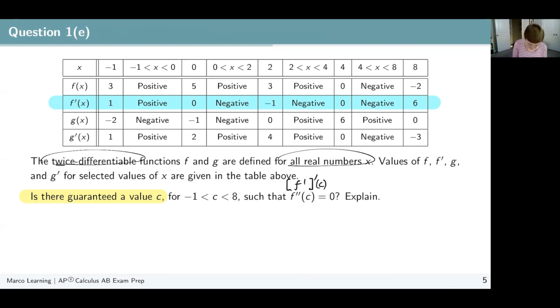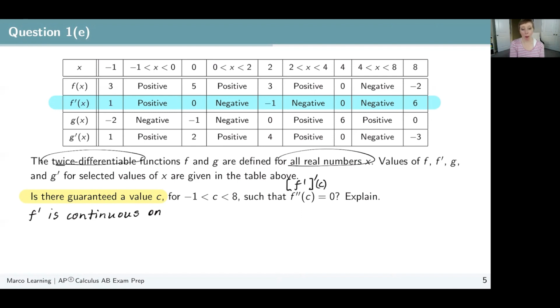Let's go ahead and write that one down. And again, we have to name our functions so it's clear what we're talking about. F prime is continuous. Oh, I guess that's not what I just said. What I just said was that f prime was differentiable, which is also one of the conditions that we need.